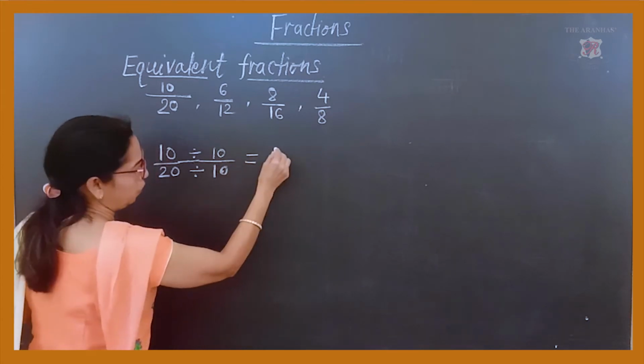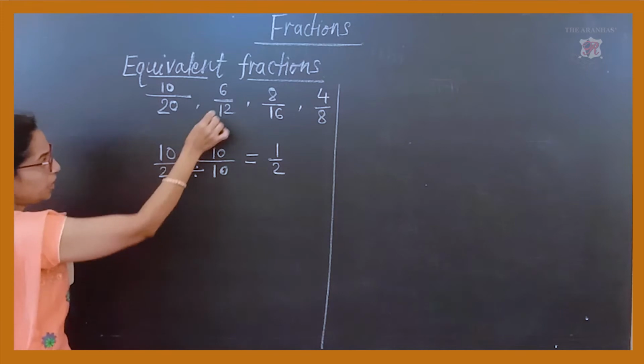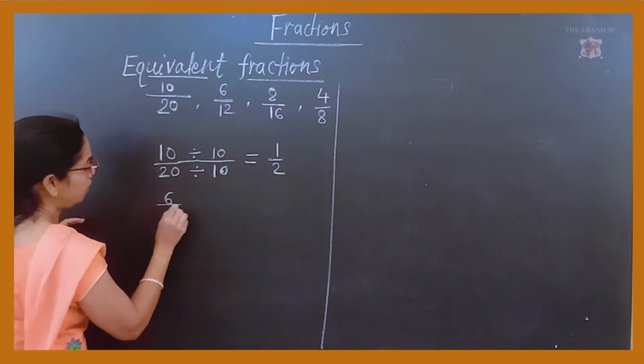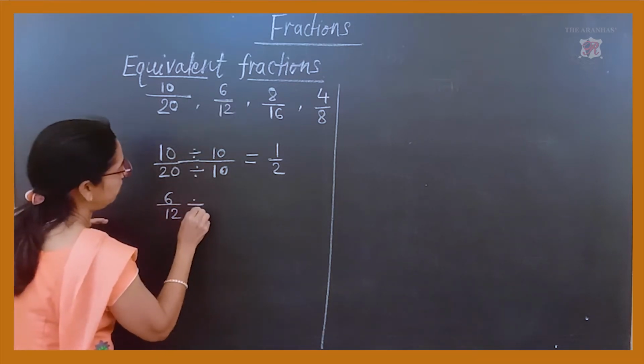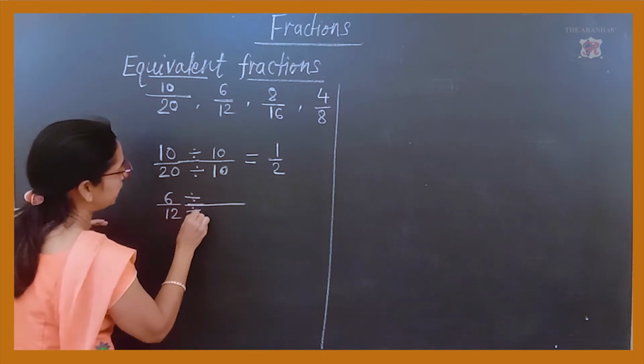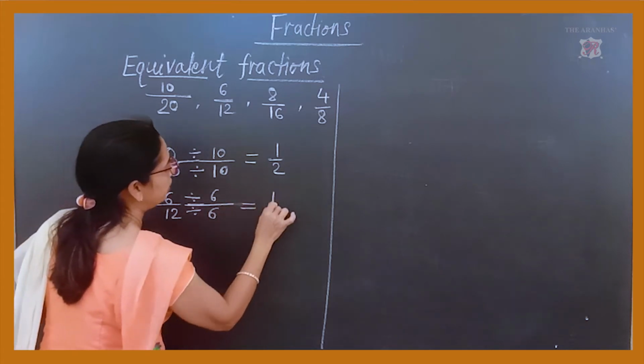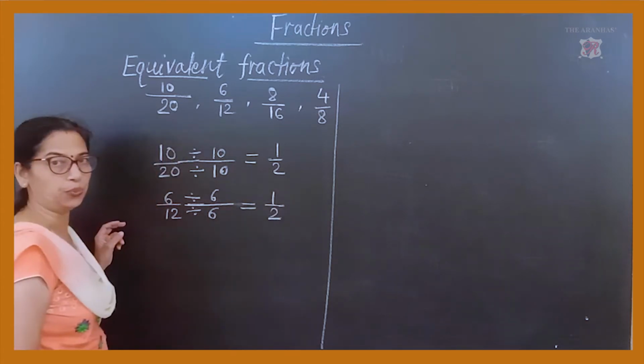You will find 1 upon 2. Similarly, if you take 6 upon 12 and divide by 6, again you will find the fraction 1 upon 2.